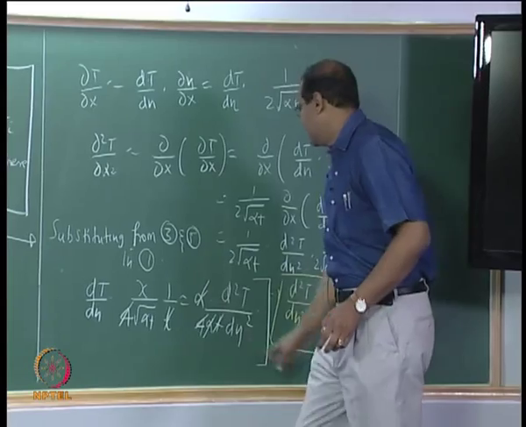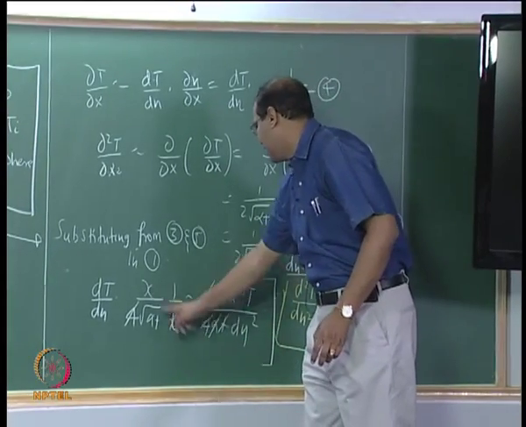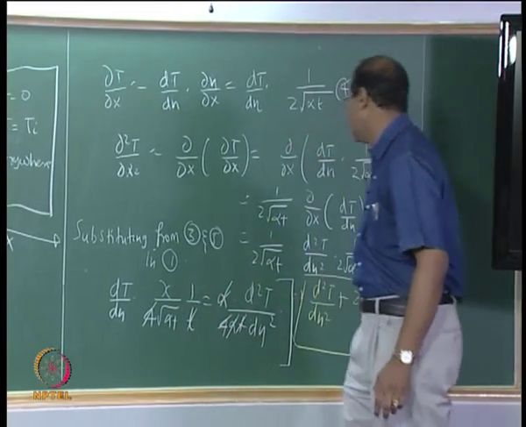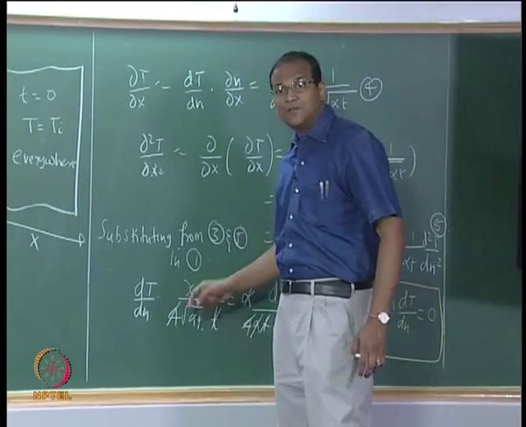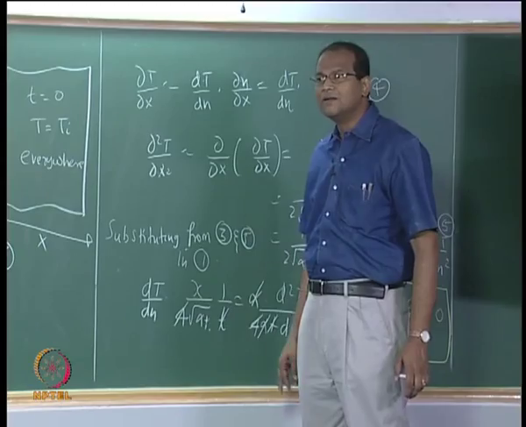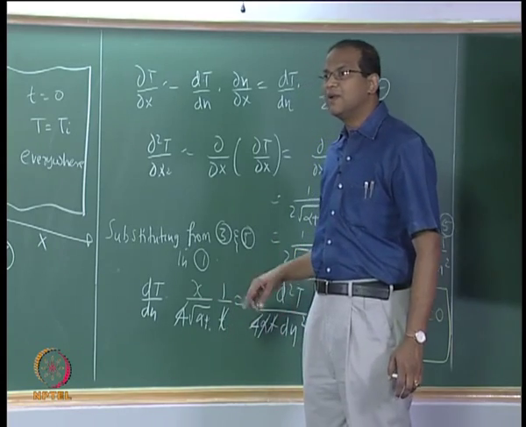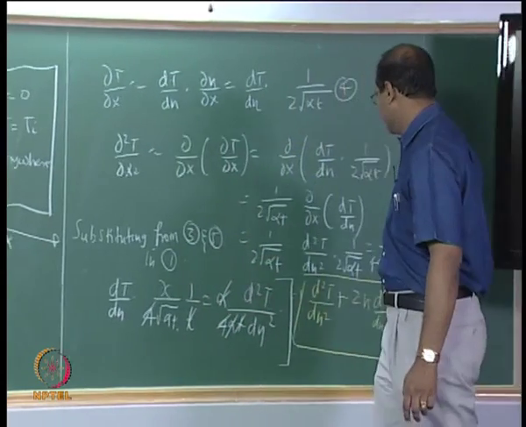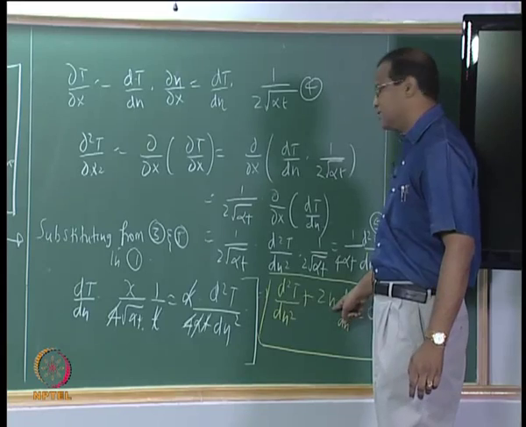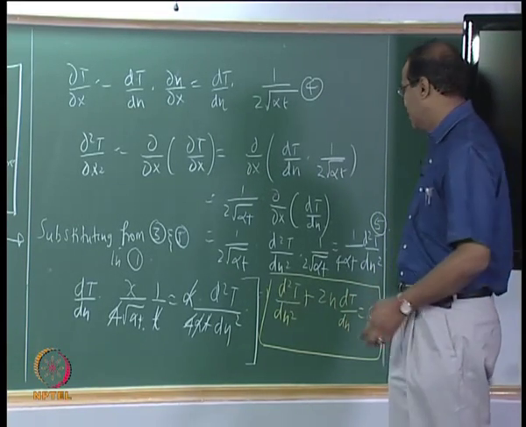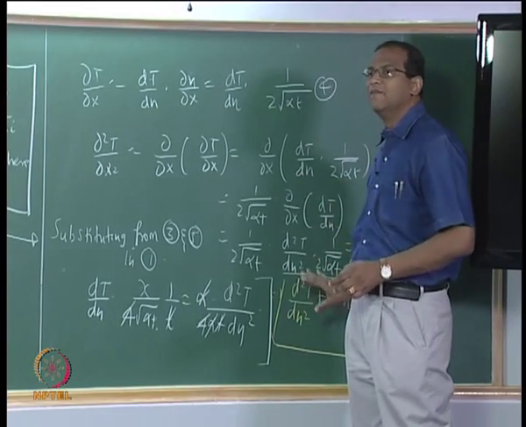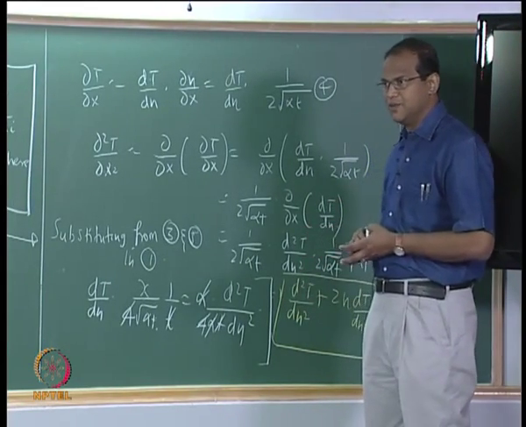Once you do that, the alpha and so on get cancelled, then I again have x by root alpha t. x by 2 root alpha t is eta, therefore x by root alpha t will be 2 eta. So d square T by d eta square plus 2 eta dT by d eta equals 0. This is the ODE which you obtain by using the similarity transformation.